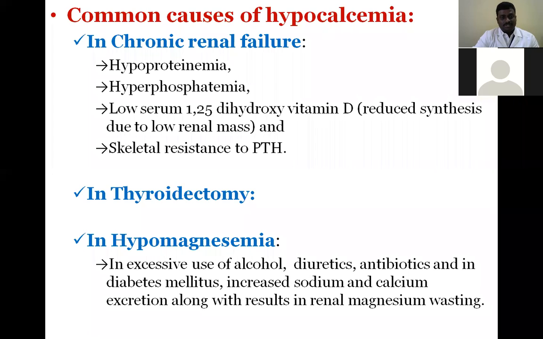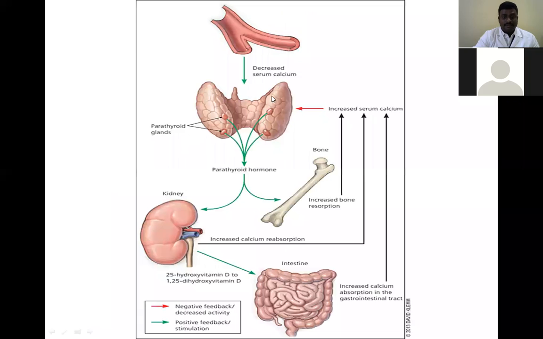Okay, in that image you can see, calcium is reduced when parathyroid hormone is reduced, when calcium reabsorption is reduced, and when vitamin D synthesis is reduced. Only in these conditions are calcium concentrations reduced in the blood.